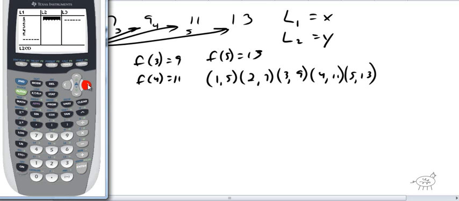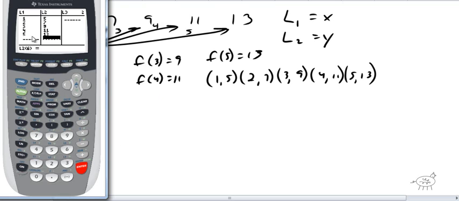And then cursor over, and then I'm going to put the 5, 7, 9, 11, and 13 in here. All right, I already determined this is linear, and that's important because of the next step.